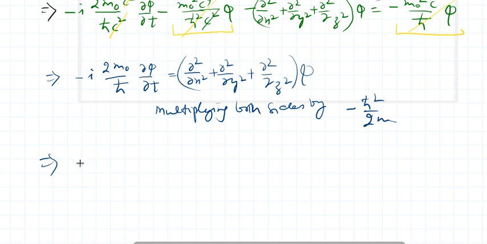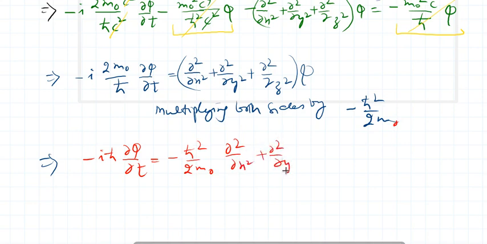So the equation we are getting is minus iota ħ ∂φ/∂t is equal to minus ħ² by 2m₀ times ∂²/∂x² plus ∂²/∂y² plus ∂²/∂z², taking φ here.